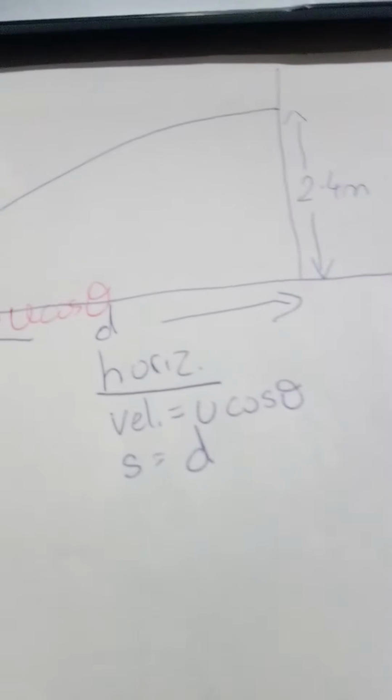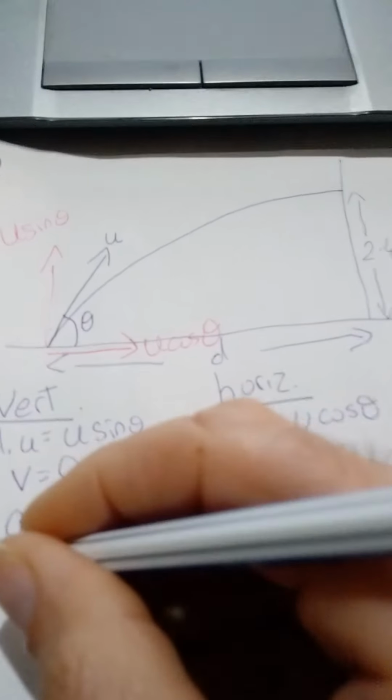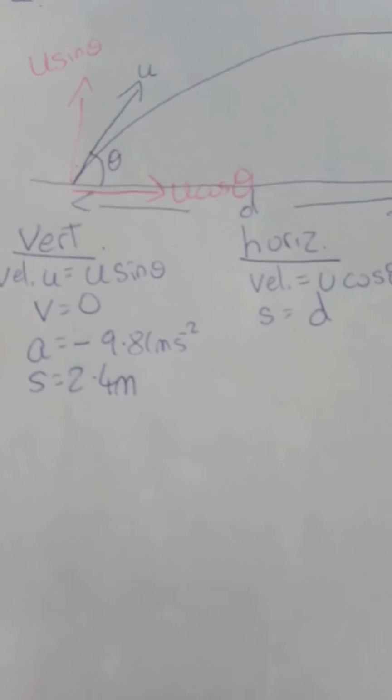Horizontal information: velocity is u cos theta, distance equals d. Vertical information: initial velocity equals u sine theta, final equals 0, acceleration is minus 9.81, and the distance is 2.4 meters.